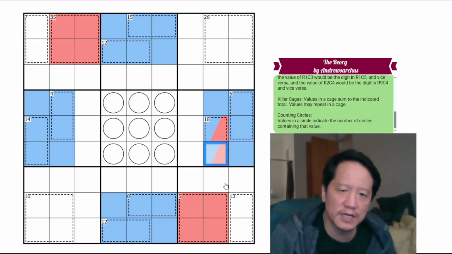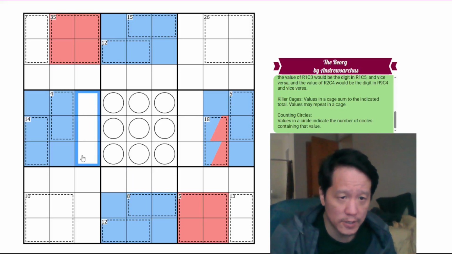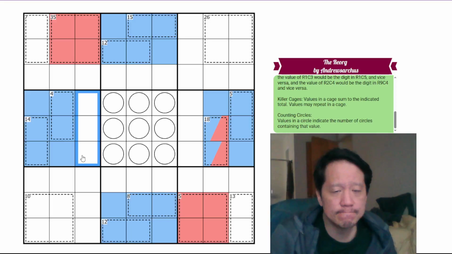So since this can't be a swapper, you could have a swapper there. You could have a swapper there, there, and there. This cannot be a swapper here, which means none of these two can be swapped this way. So I think you have to have a swapper here and then a swapper here.